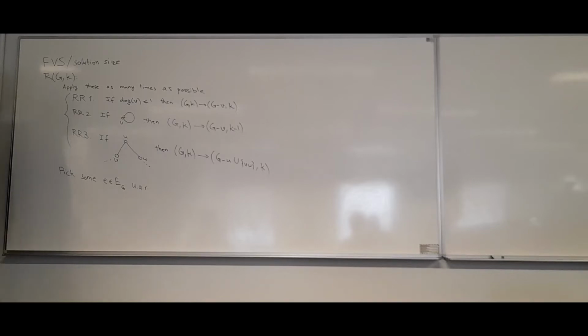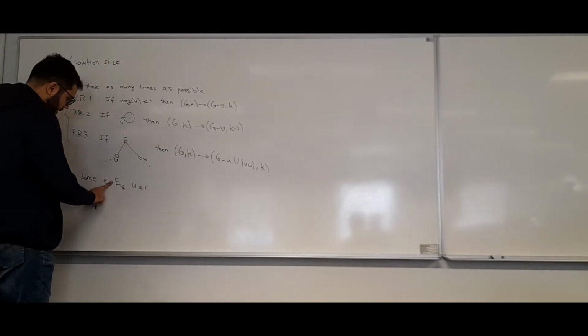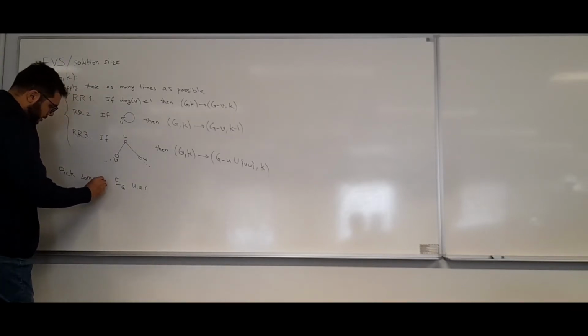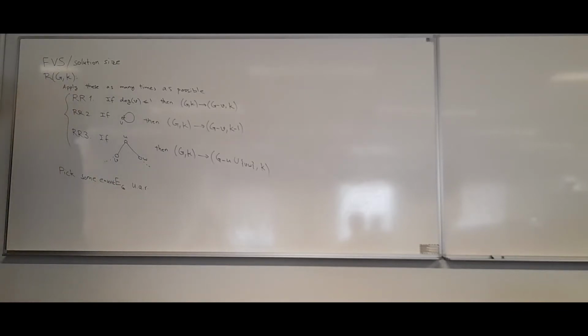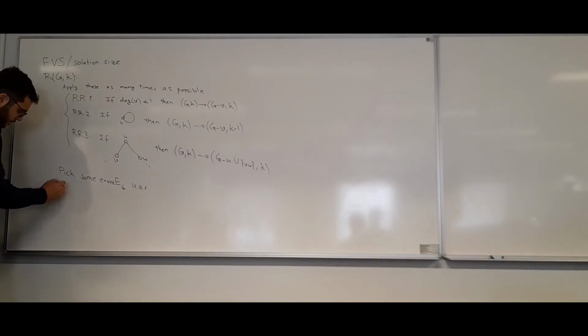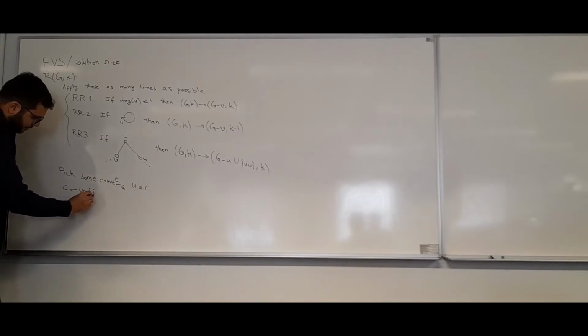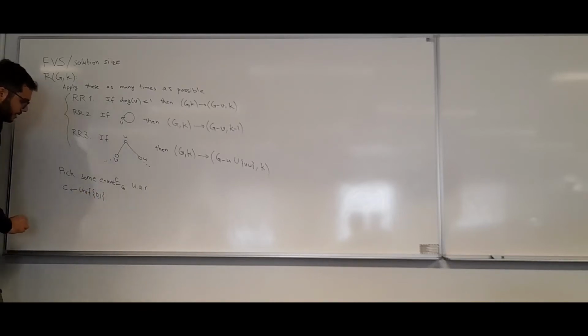Let's say the endpoints are U and V. So let's say my edge was an edge UV. Okay, what do I do with this? So I just say with probability half, just flip a coin, and let's say that I put my coin flip result in C. So C is just uniformly chosen from 0 and 1.